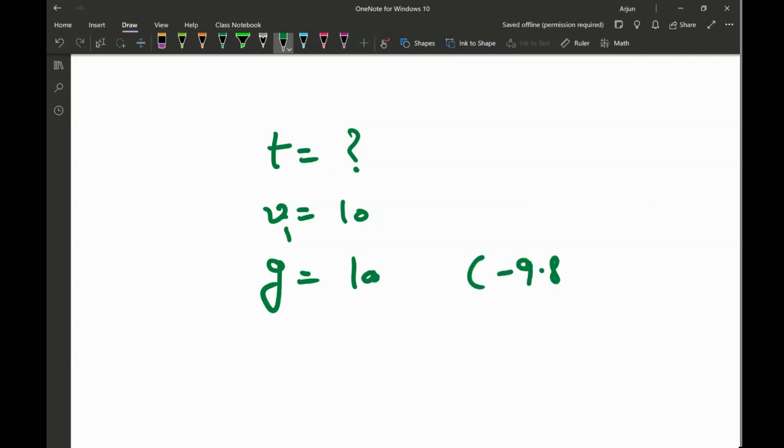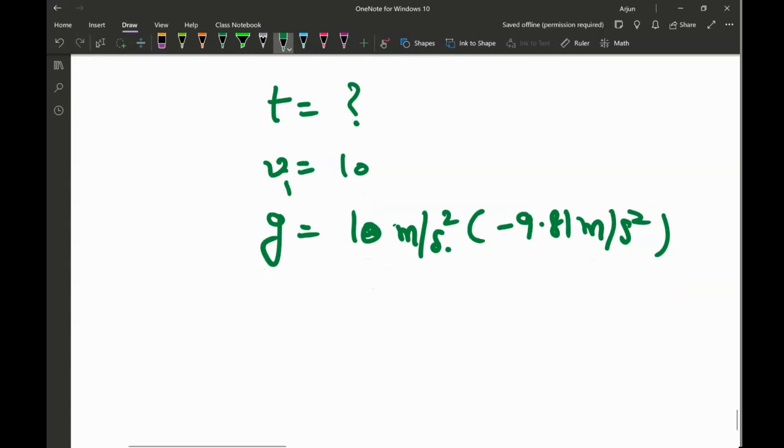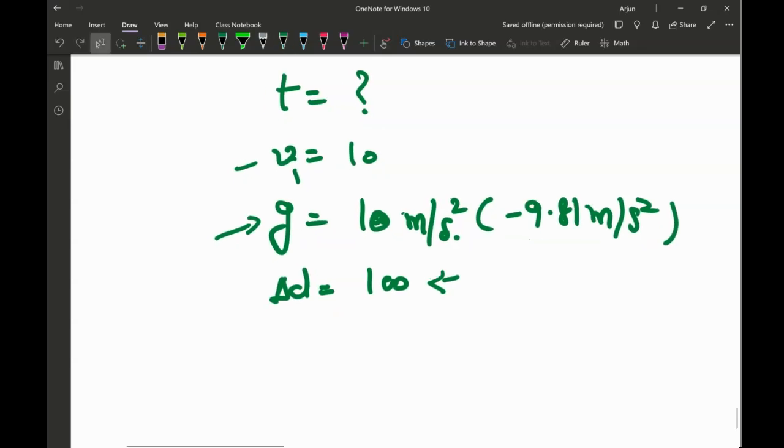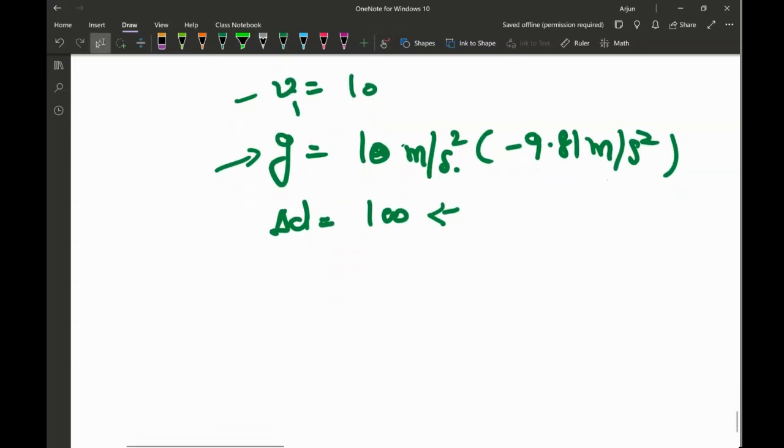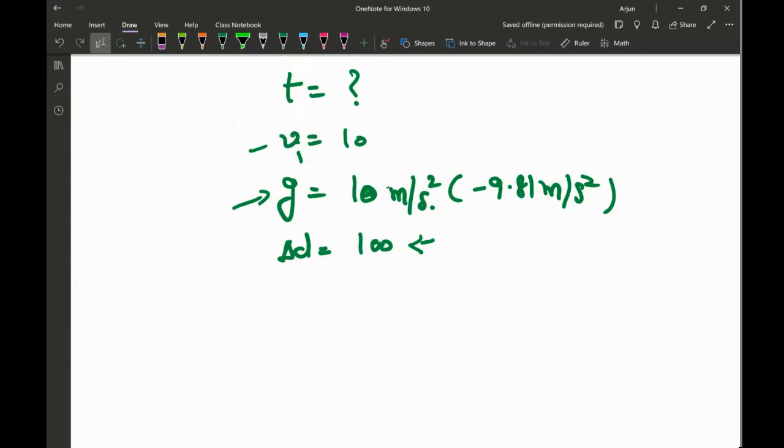G value is negative 9.81 meters per second square always, but I'm taking 10 because I don't have a calculator with me right now. And then delta D comes out to be, let's say, some random number from my brain, so our answers can be totally weird. So just wanted to give you the heads up.